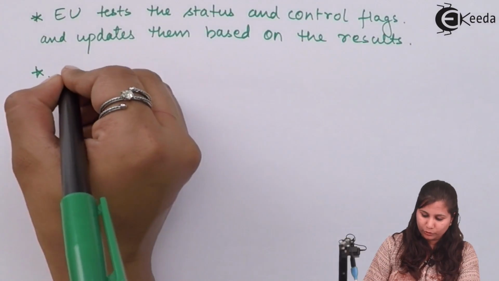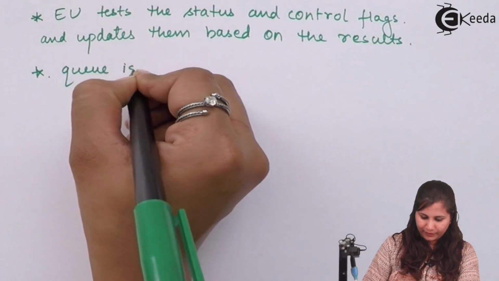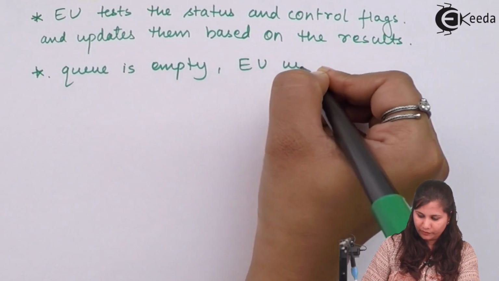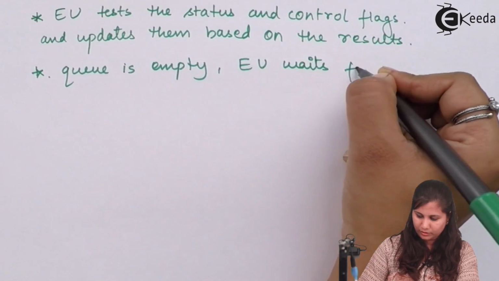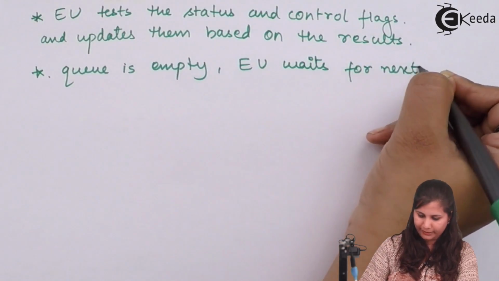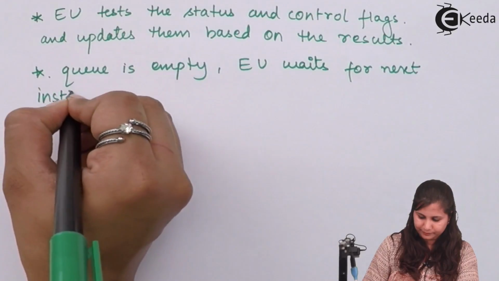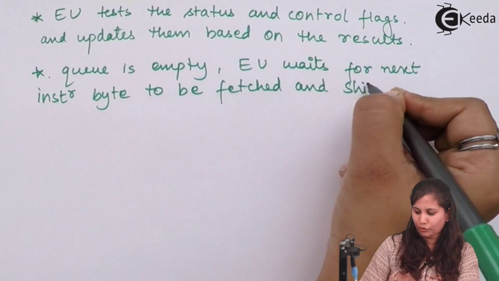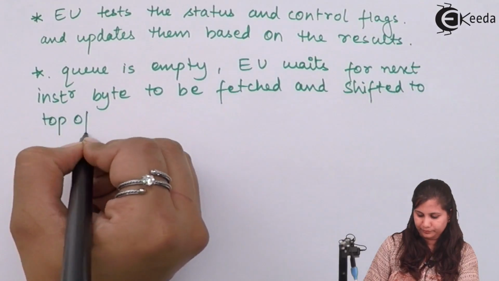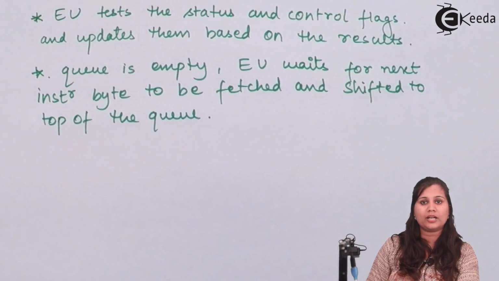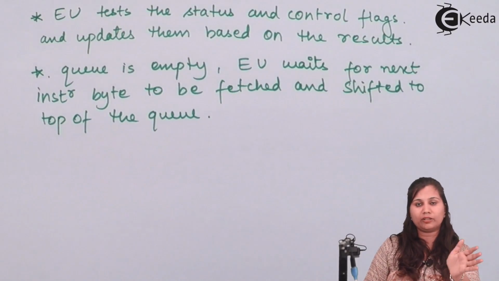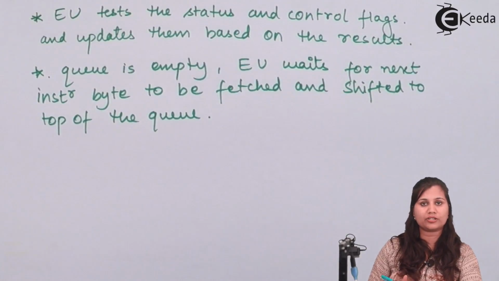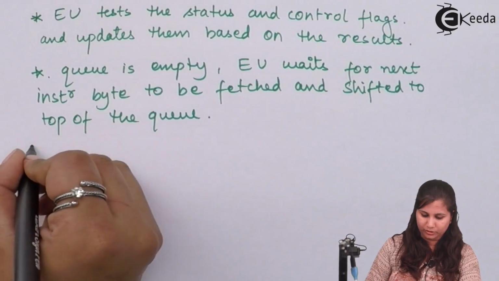So if the queue is empty, the execution unit waits for the next instruction byte to be fetched and shifted to the top of the queue. When the 6 instruction bytes are stored in the queue, the execution unit is going to fetch the instruction and then execute it.